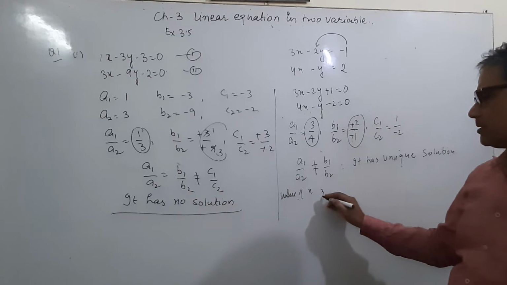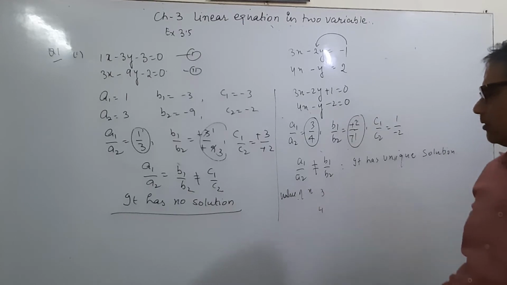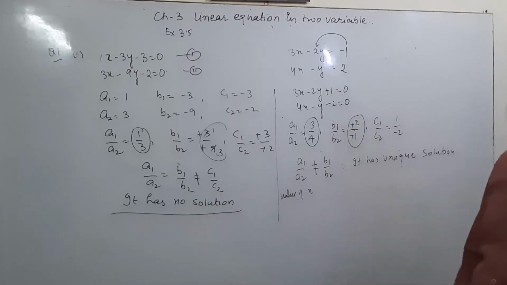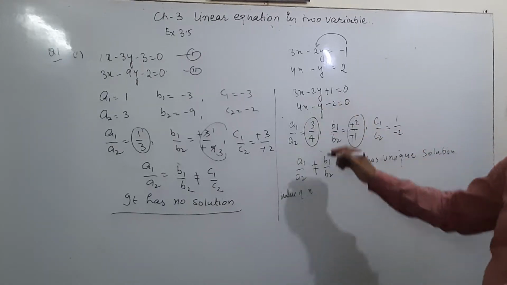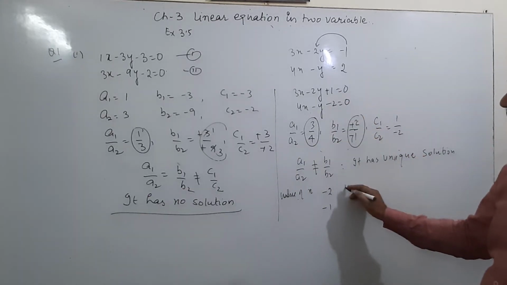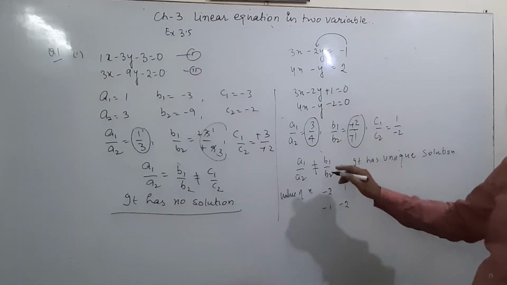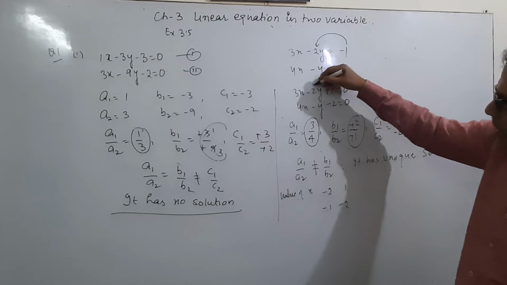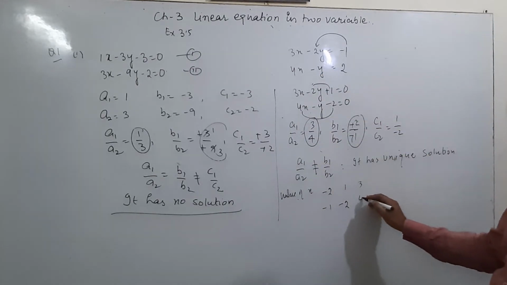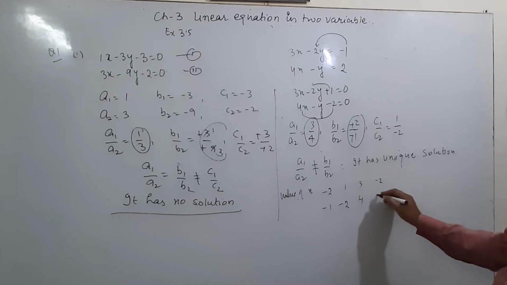What is the coefficient of x? 3 and 4. Then coefficient of y: minus 2, minus 1. And then 1, minus 2. And then first start from there, and then again 3, 4, and minus 2, minus 1.